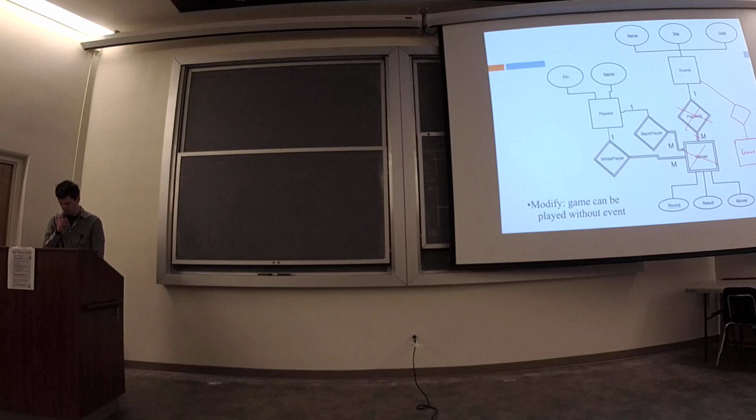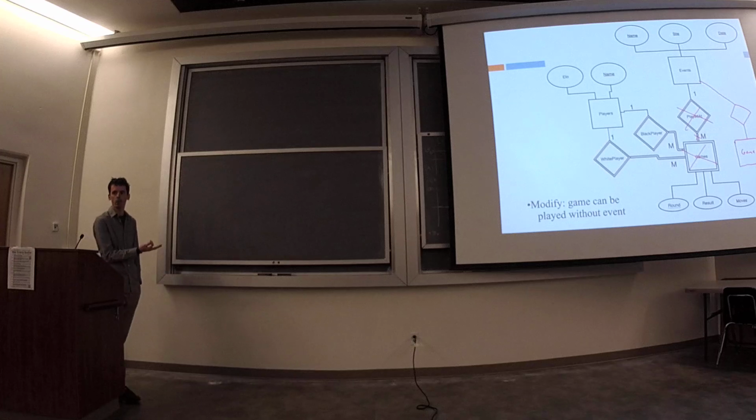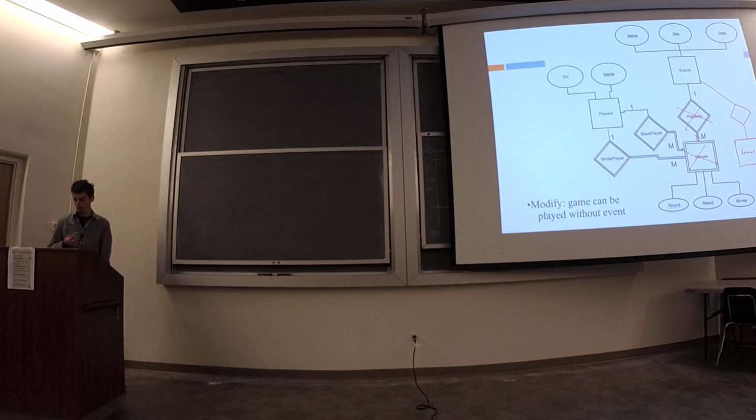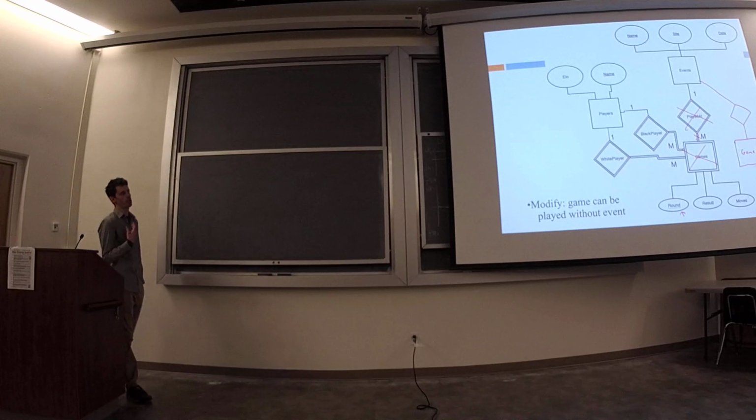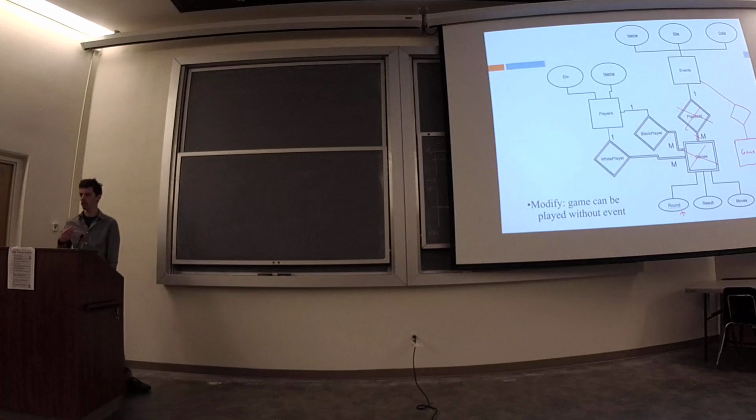One second. And then, so that's the basic idea I wanted to get at with this question. But then the weird things that come up is, what do you do with round? That's where you would need more information to really answer this question. The problem here is I've made that a strong entity set, so these could no longer be supporting relationships.